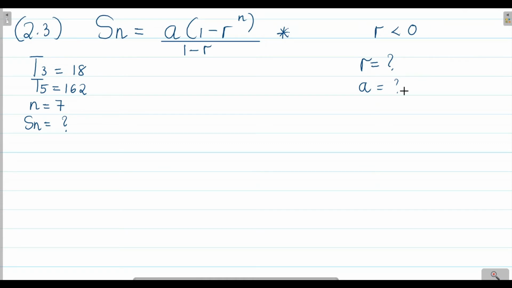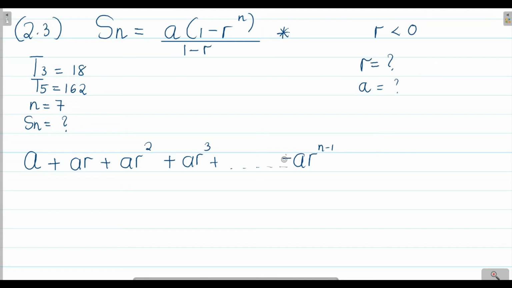For this geometric series, remember, guys, I told you that a geometric series can be defined as A plus A times R plus A times R squared plus A times R to the power of 3, going all the way to A times R to the power of n minus 1.